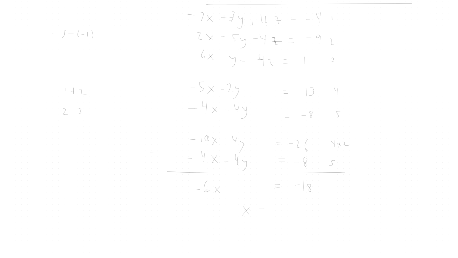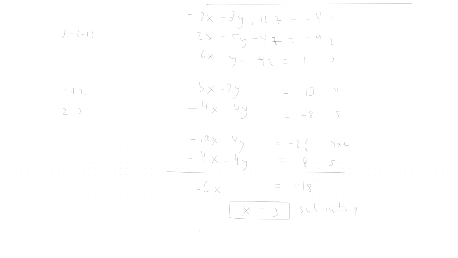Okay, so that's x. Now we're going to sub that into, say, 4. So -5 times 3 is -15 minus 2y equals -13.